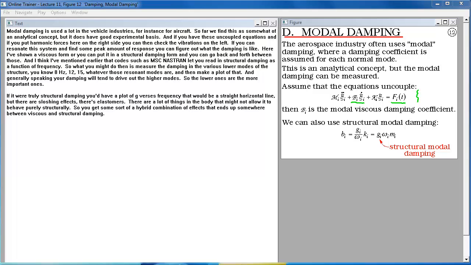If it were truly structural damping, you'd have a plot of G versus frequency that would be a straight horizontal line, but there are sloshing effects, there's elastomers, there are a lot of things in the body that might not allow it to behave purely structurally. So you get some sort of a hybrid combination of effects that ends up somewhere between viscous and structural damping.